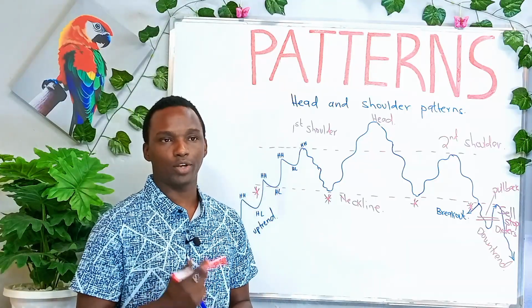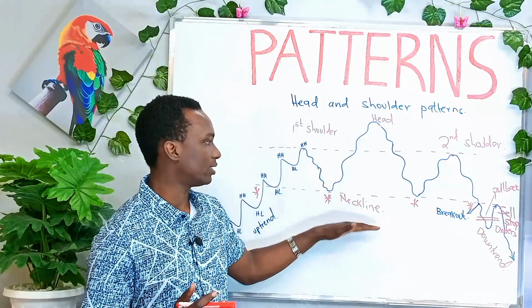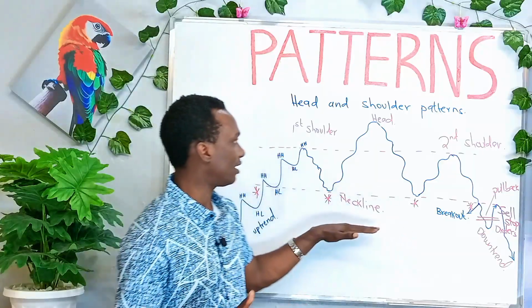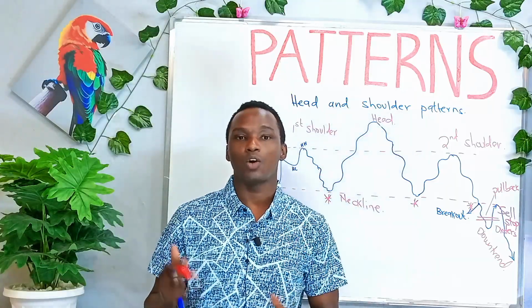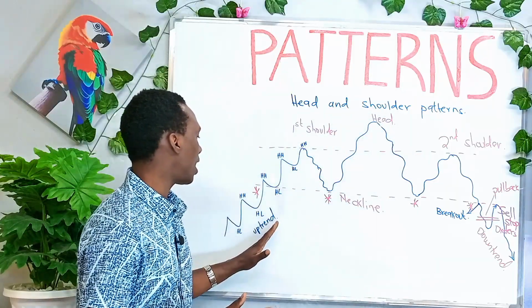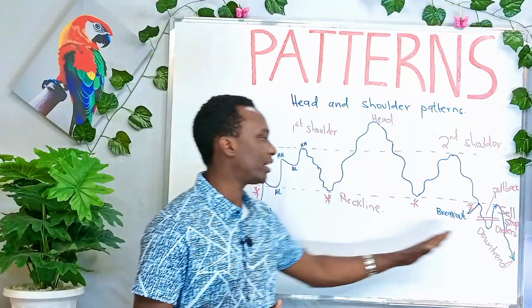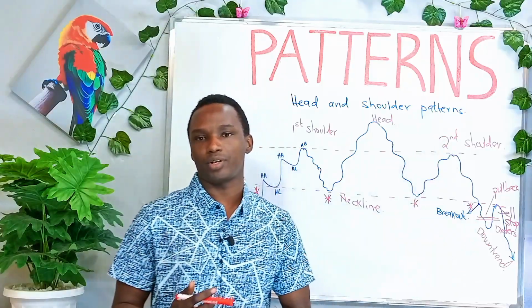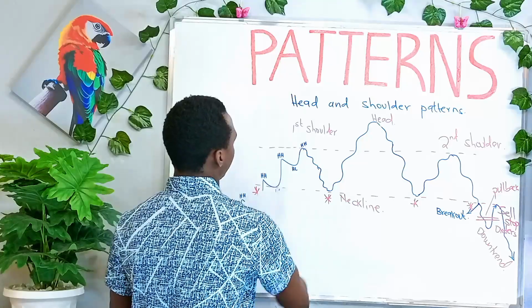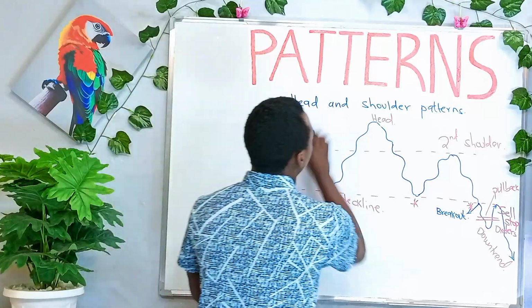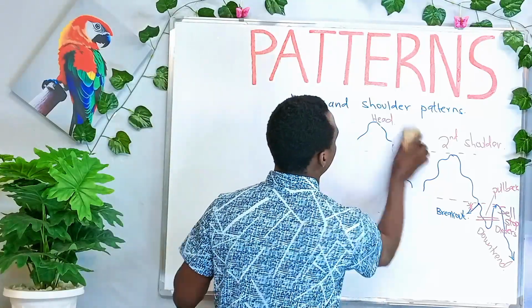Okay, so if you have understood this well, we are going to look at the reverse head and shoulder pattern, which happens when you are moving from a downtrend to an uptrend. Okay, so I will wrap this and look at the reverse head and shoulder pattern.